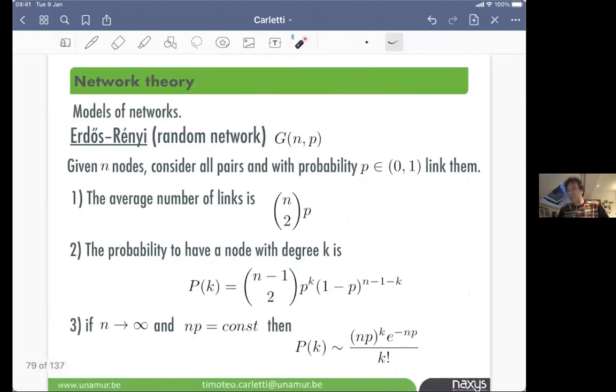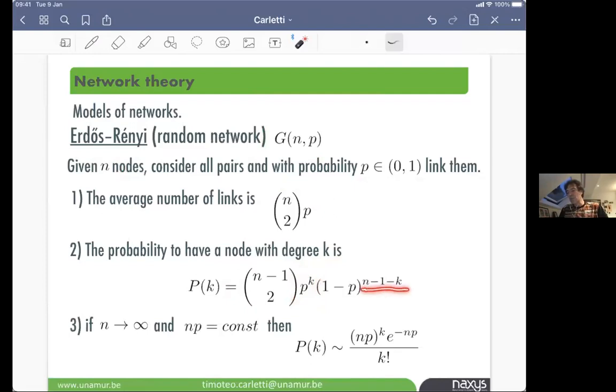The second interesting point: you can ask what is the probability that a randomly chosen node has some degree, for instance k. If you define p of k as this probability, you can show that it is a binomial. The first factor is the binomial coefficient, then p to the k is the probability that k times you draw the link, so that your node has degree k, because you want to be connected to k others.